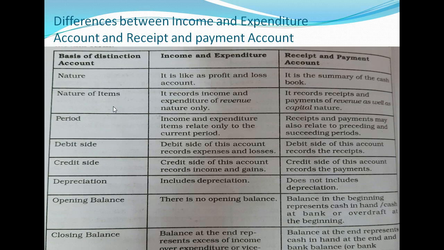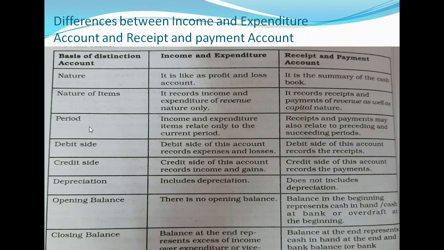The other point of difference is nature of items. Income and expenditure account shows only the revenue items, revenue incomes as well as revenue expenditures, whereas receipts and payments account shows both revenue as well as capital nature of items.